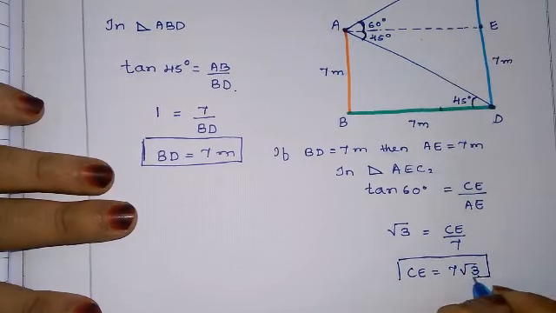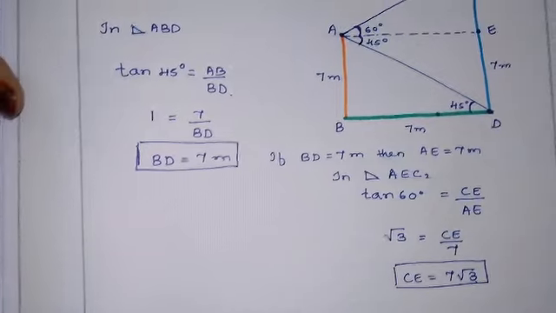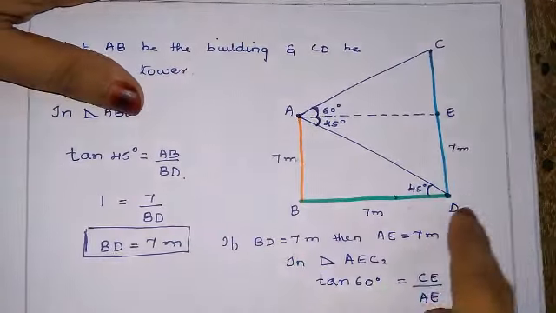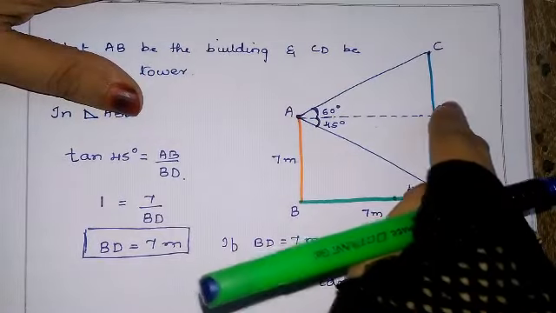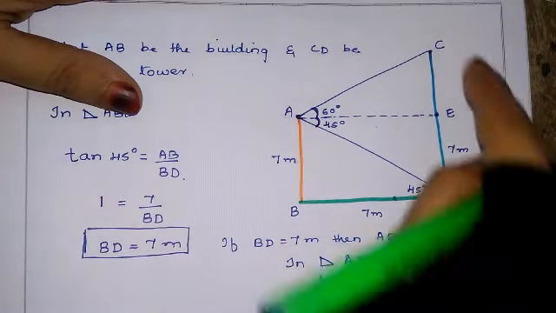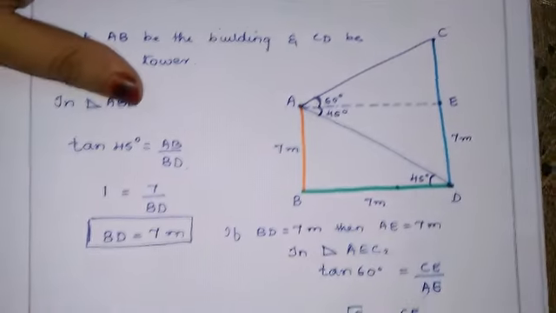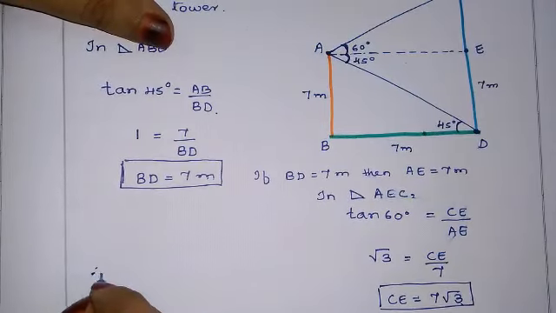We actually need CD, but CD is CE plus DE. Therefore, CD is equal to CE plus DE.